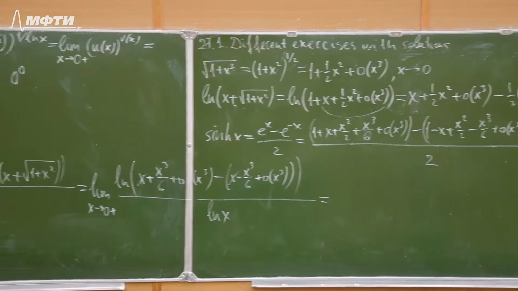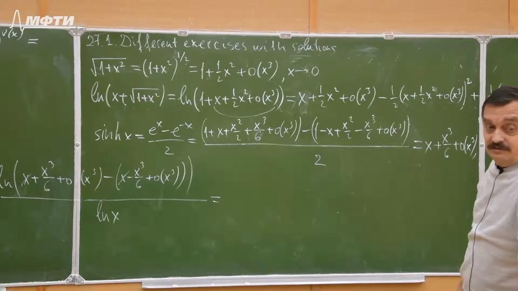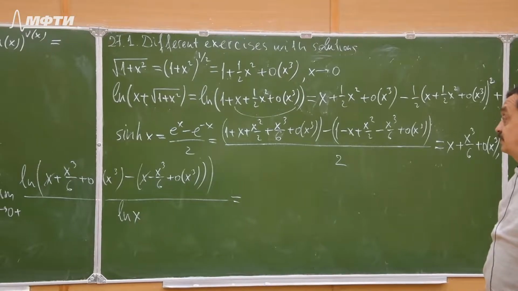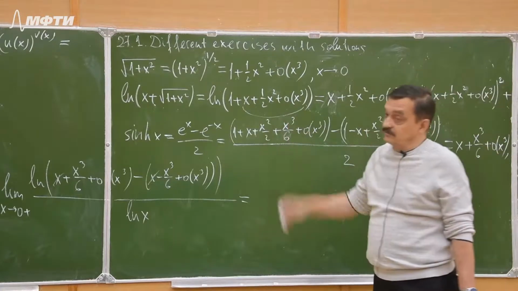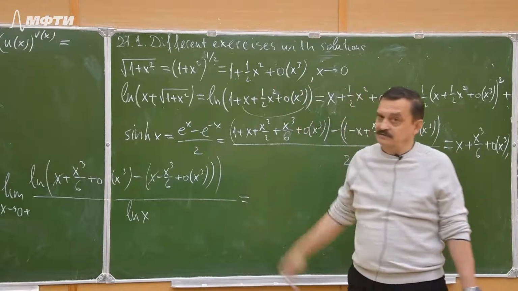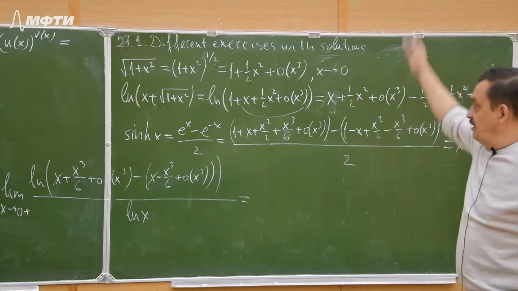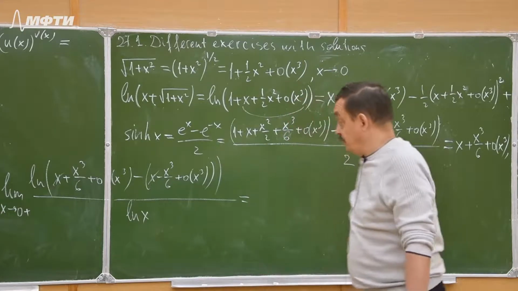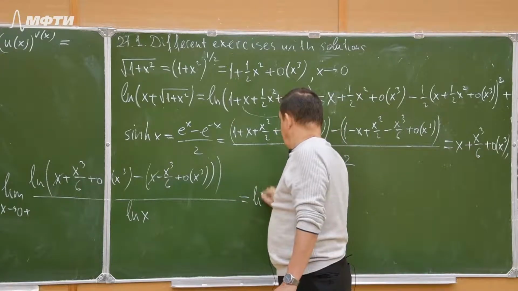Why fortunately? Because if the cubes also canceled, it would mean that we made a wrong decision from the beginning to stop everywhere on cubes, and in that case we should reconsider everything from the very beginning and stop on the next power of x.